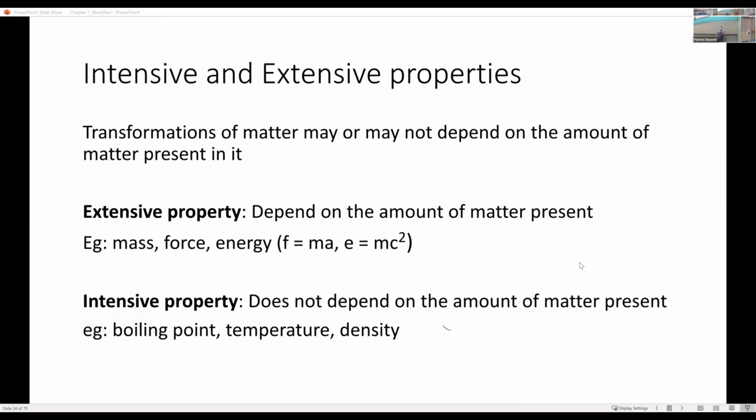It's intrinsically happening. It just happens automatically. It depends on that substance. It's always happening. So an intensive property is very similar to that. It depends on the substance, not the amount of substance. So, for example, boiling point, temperature, and density. Now, the boiling point, the temperature, and the density of water does not depend on there.